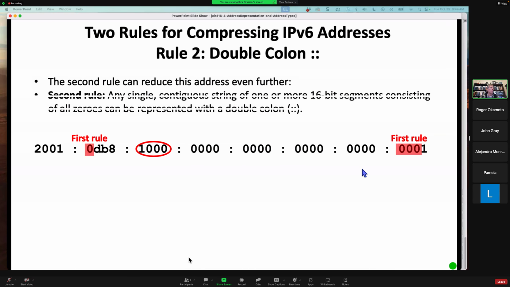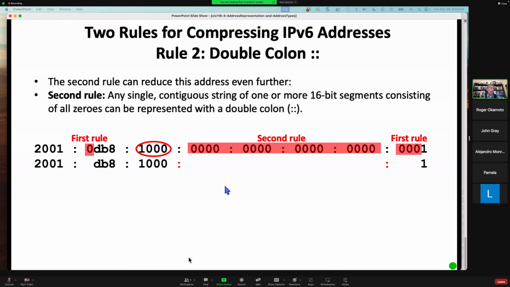The second rule says any single contiguous string of one or more hex tags consisting of all zeros can be represented with a double colon. What does that mean? That means we can take this whole string of contiguous all-zero hex tags and replace that whole thing with a double colon.